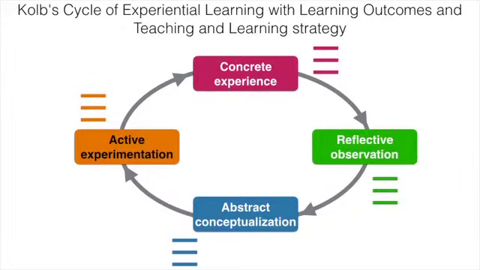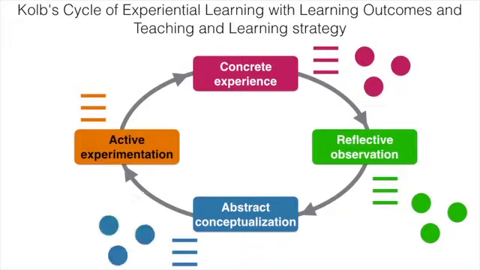For example, for the concrete experience, you can have brainstorming sessions, role-play, debate, case study, experiment, bibliography research. For the reflective observation, you can have small group discussion, active questioning, oral presentation. For the abstract conceptualization, you can have the creation of conceptual cards, reading and watching theoretical materials.